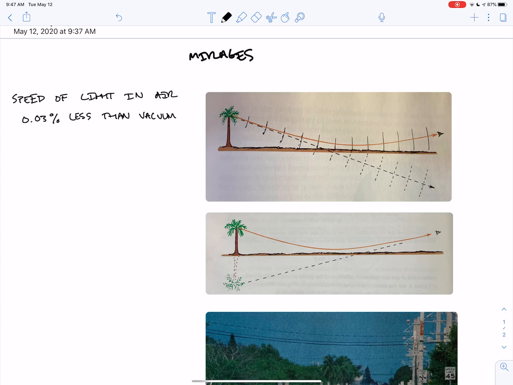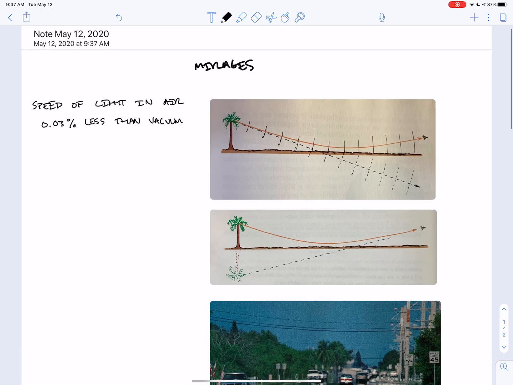Likewise, the speed of light in hot air is a little bit greater than the speed of light in cold air, because in hot air the particles are moving around faster, and hot air is actually less dense than cold air, so there are fewer molecules for waves of light to interact with.